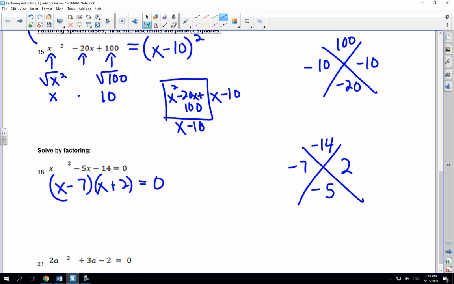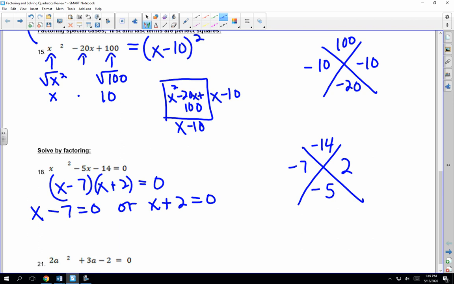That's how we would factor that. And this factorization, along with what's called the zero product property, which says that if you have a product of two numbers and it equals 0, either one or both must equal 0, means we're going to set each one of these factors equal to 0 and solve for x.